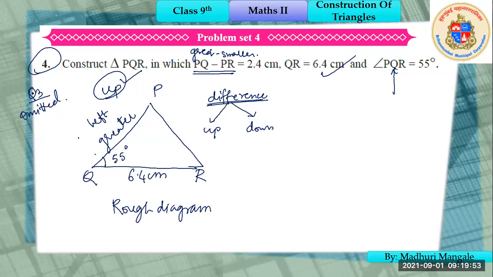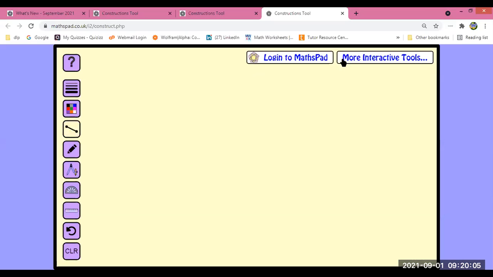All right, let's do the construction. We start with drawing out the rough diagram. So I'll be doing it really quick. This is problem set 4, and we are working on question number 4.